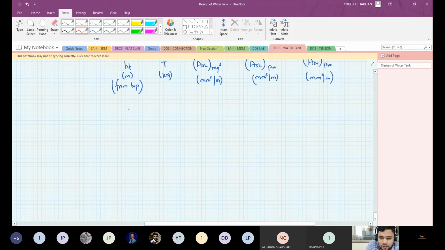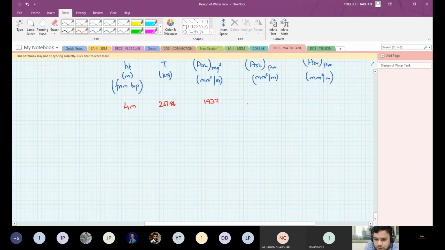Let us say 4 meter. So at 4 meter, your tension will be 251.86 kilonewton. You can calculate this on your own, and the amount of steel required will be 1937 square mm per meter.